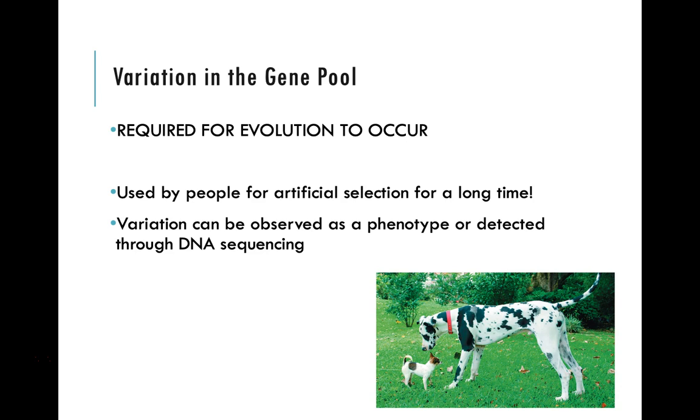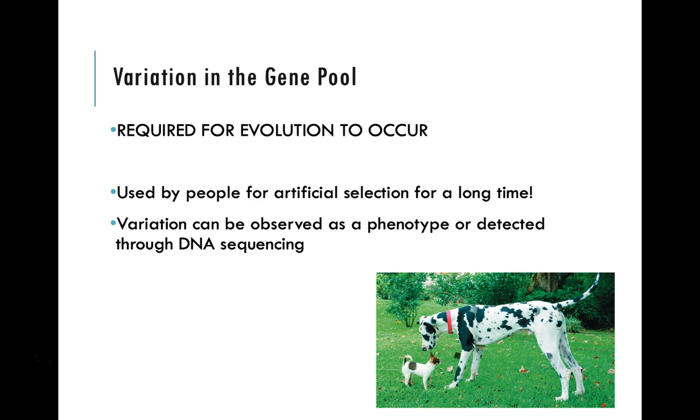So if everybody has the same allele, nothing can change. You might have fewer individuals with that allele, but the frequency of the allele is still the same. So variation is absolutely required at a particular allele if that population is going to evolve, if anyone is going to survive better than anybody else.